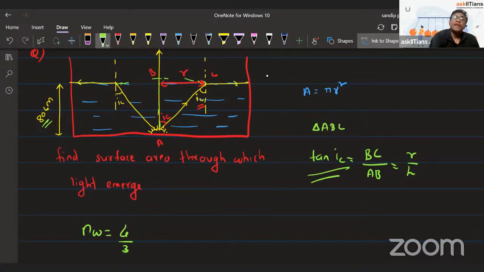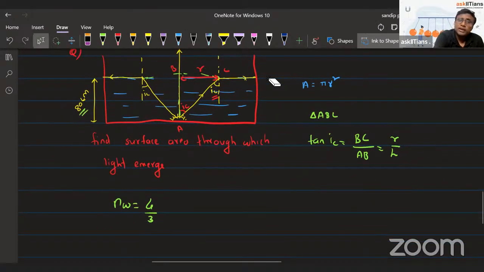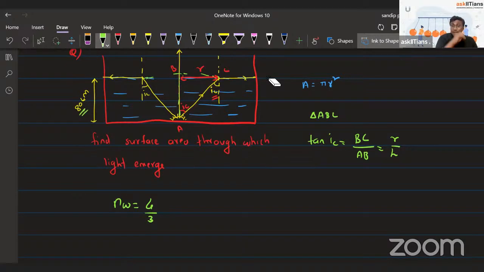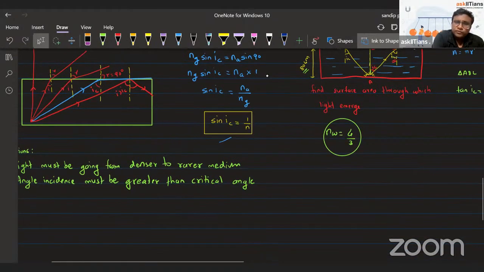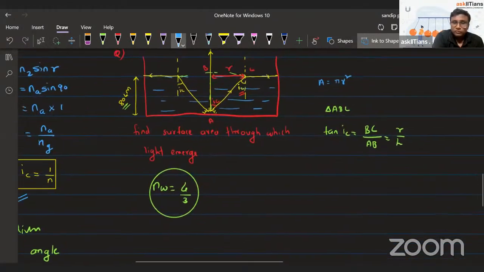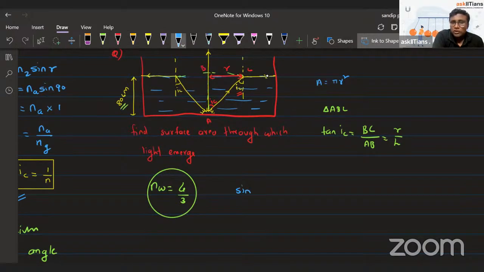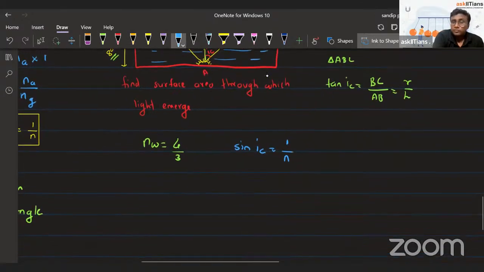Now the question is how to find tan IC. If this is water, we know the refractive index is 4/3, and we know the formula: sin IC is 1/n of water.